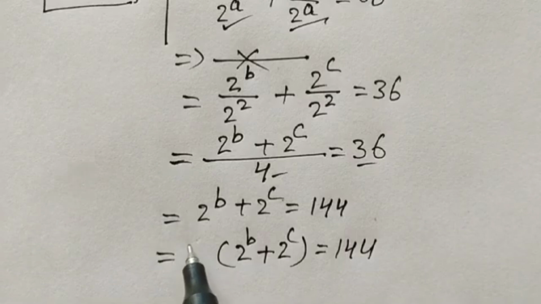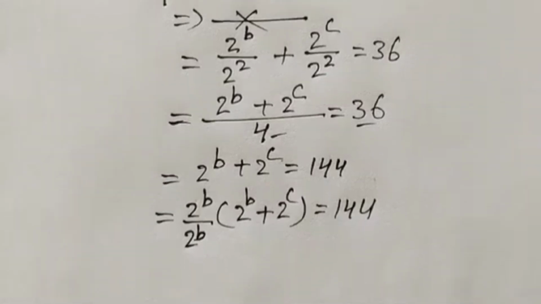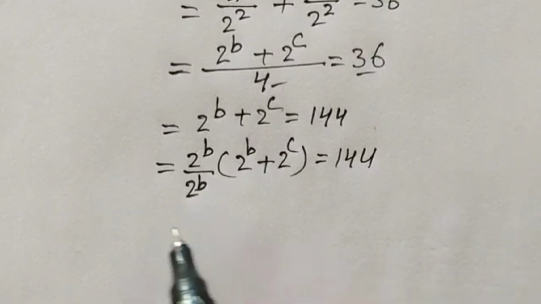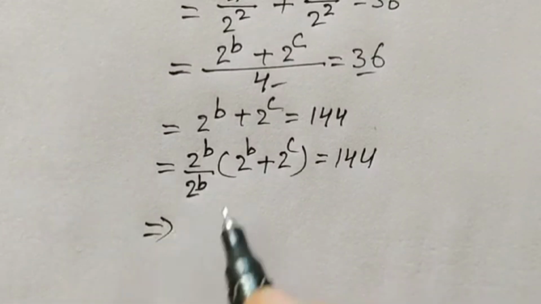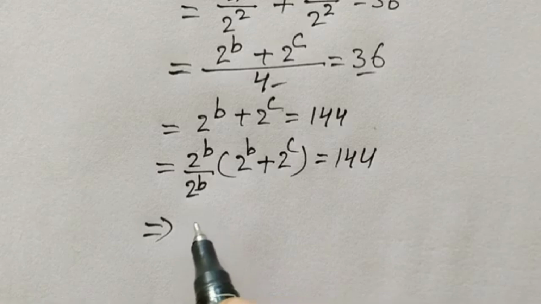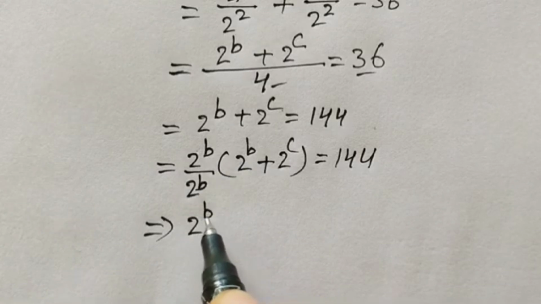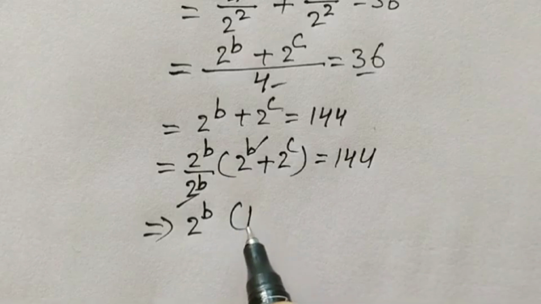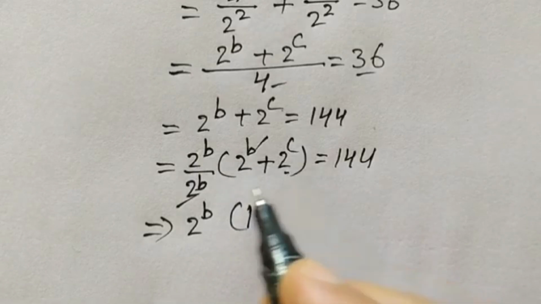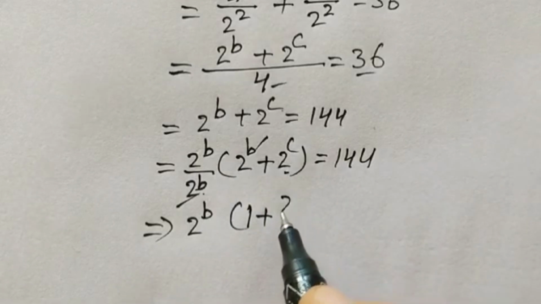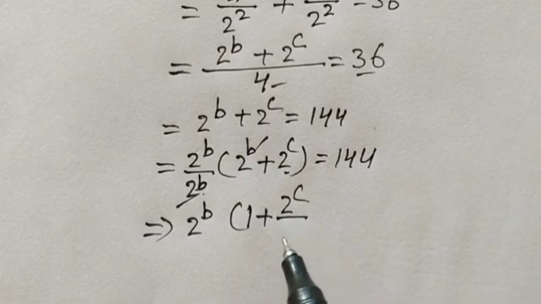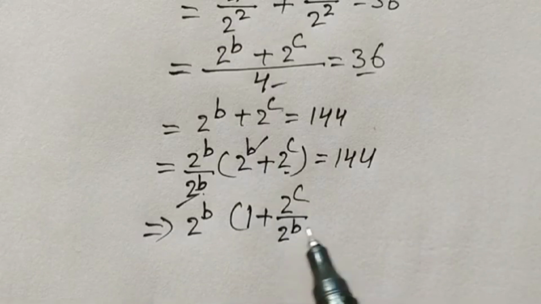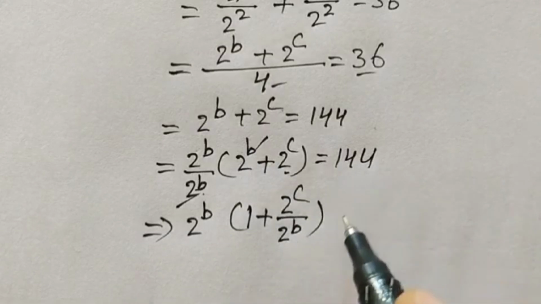Now 2^b + 2^c = 144. If we multiply and divide by 2^b, then 2^b cancels out, so we get 2^b times (1 + 2^c/2^b) = 144.